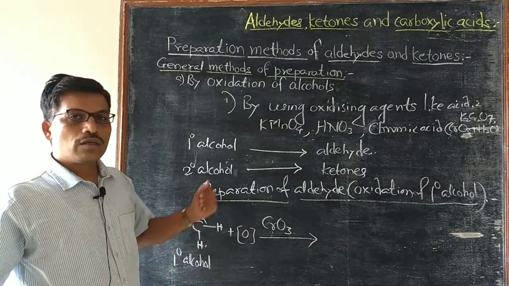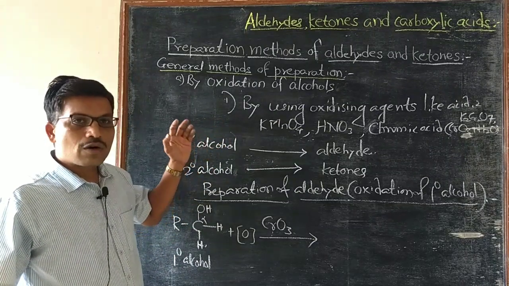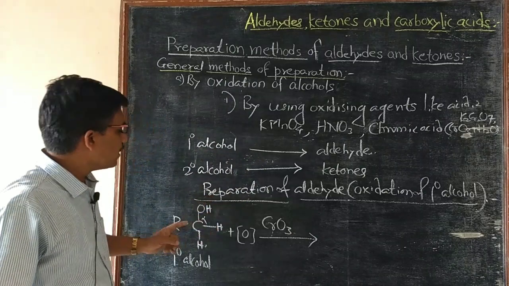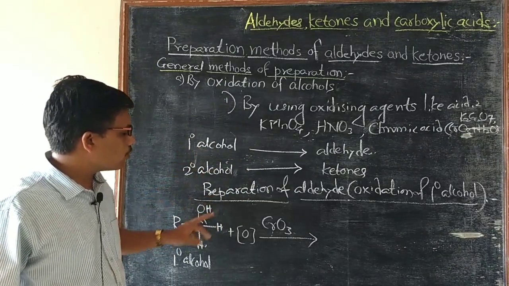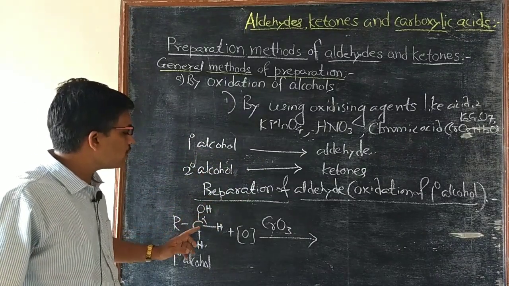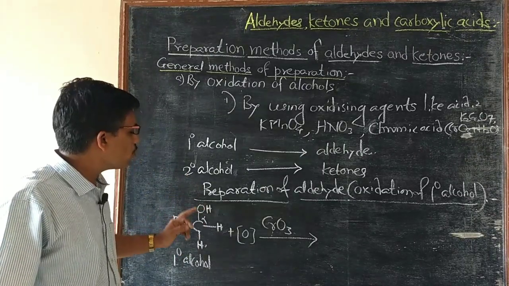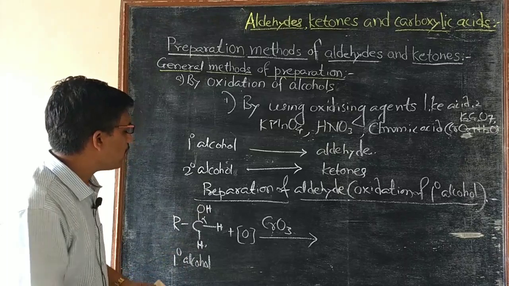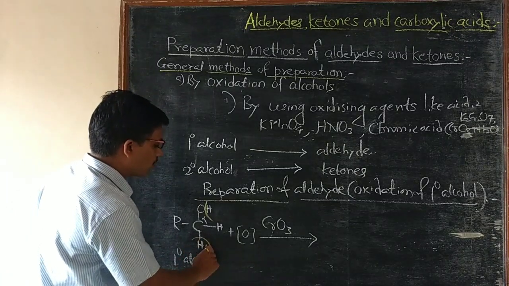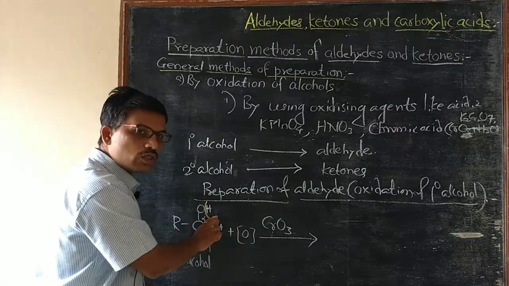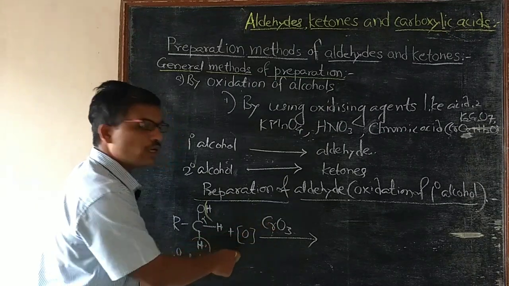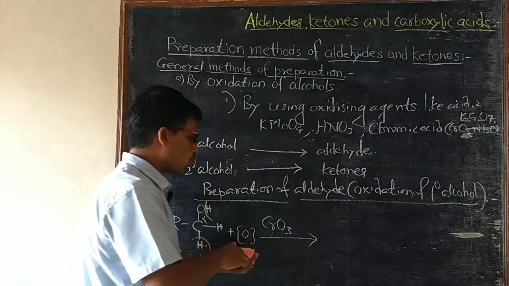We have studied in redox reactions, oxidation is addition of oxygen or removal of hydrogen. In this oxidation of primary alcohols, oxidation is removal of hydrogen: removal of one hydrogen from the hydroxyl group and removal of another hydrogen from the alpha carbon, and these two hydrogens combine with nascent oxygen given by chromic acid to form H2O.